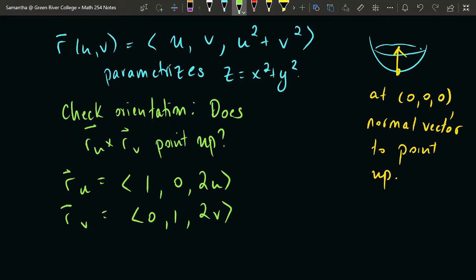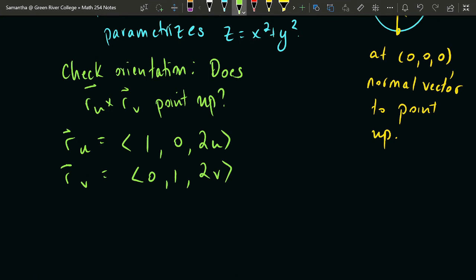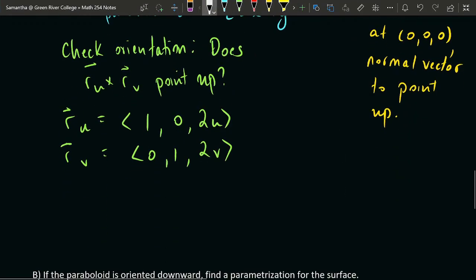And let's consider a specific point. Let's consider, for example, the location here at the bottom of the paraboloid, the location where x and y and z are all 0, the location where u and v are equal to 0.